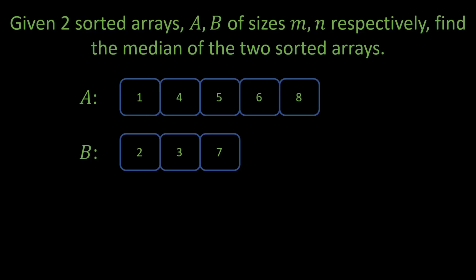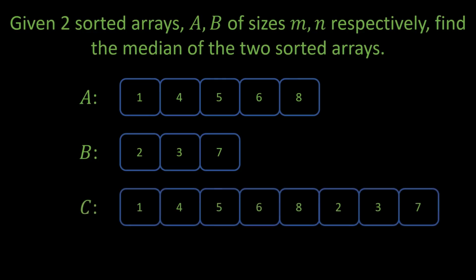So, a simple idea that you might get is to use the definition of the median. Namely, we will combine A and B into a new array, say C, and then we will sort array C, then find the median of C as we usually do. So in this case, the median would be 4.5 again.